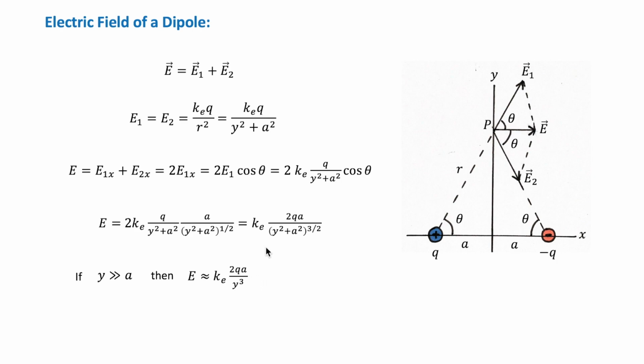So you can see that this equation gives the value of the electric field on the y-axis, because we chose P on the y-axis, so it gives the value of the electric field for all points on the y-axis. So the electric field is directed along the x-axis, and it's parallel to the axis of the dipole.